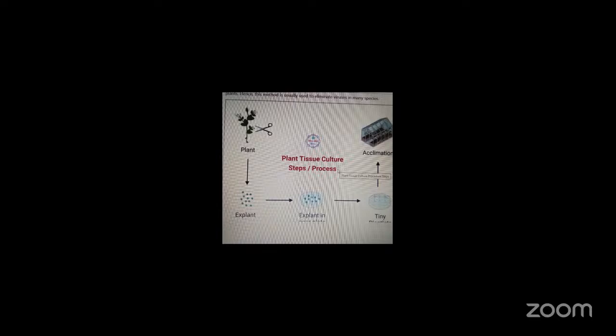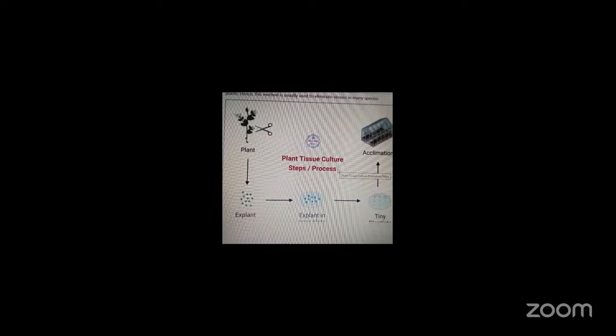In vitro selection of mutants tolerant to biotic and abiotic stresses, in vitro culture and secondary metabolite biosynthesis, plant genetic engineering using DNA transfer and in vitro culture techniques. These are some advantages of the in vitro technique.